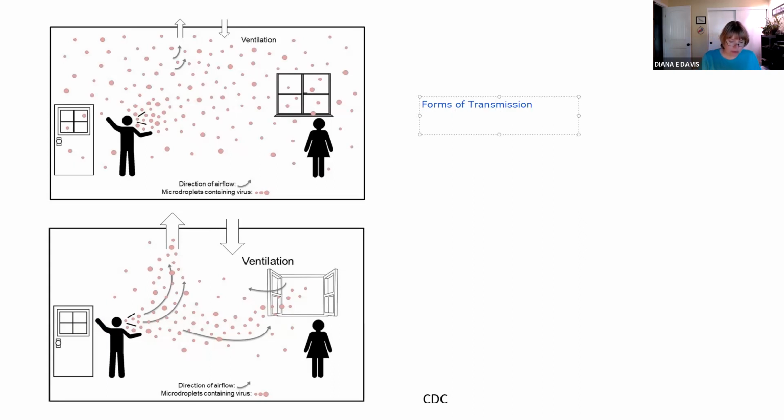The first one we're going to talk about are airborne diseases. These spread through the air. They can spread through respiratory droplets. They can have virus or bacteria, usually virus, suspended in the air that goes from one person to another.